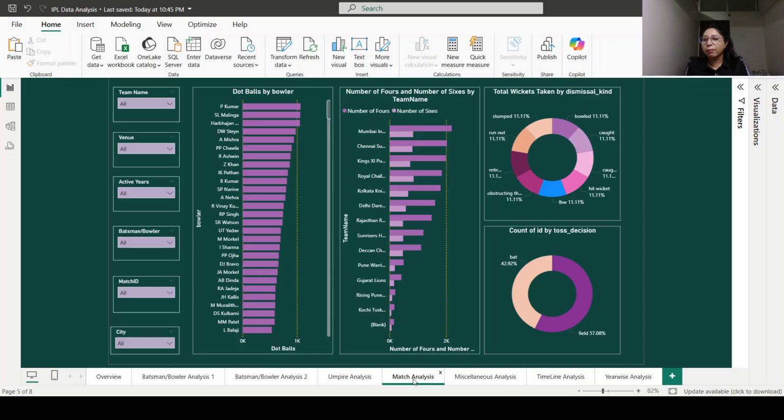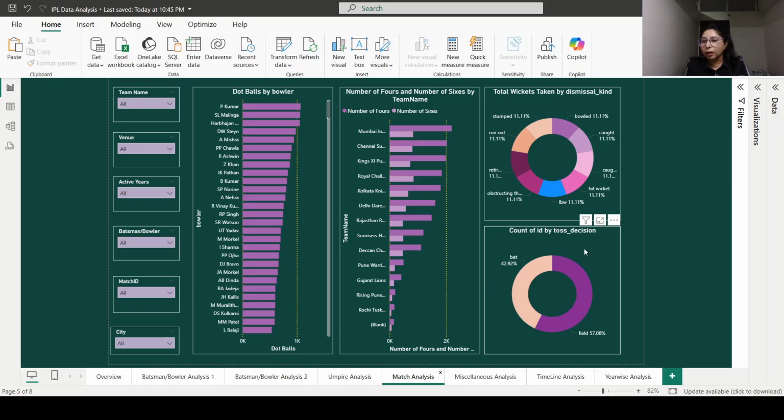And then we also have match analysis, where we can see the number of 6s and 4s scored by the batsmen per venue, and dot balls highest by the bowler. Again, total wickets and the dismissal kind, there were 9 types, and we can see the percentage here.